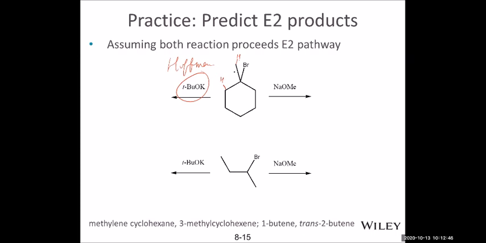By losing those hydrogens, we can have a double bond here or a double bond here. Because the base is bulky, it takes away the hydrogen from the least substituted beta carbon. After losing the bromide, you have a methyl group here, and with a bulky base, we take away the hydrogen from this carbon.